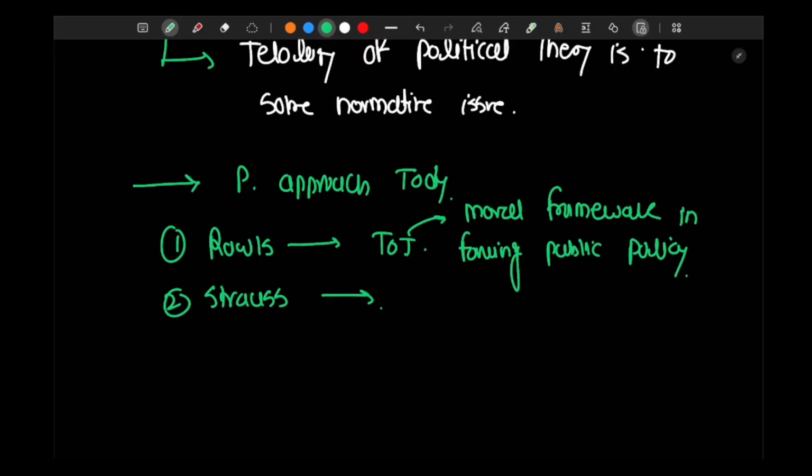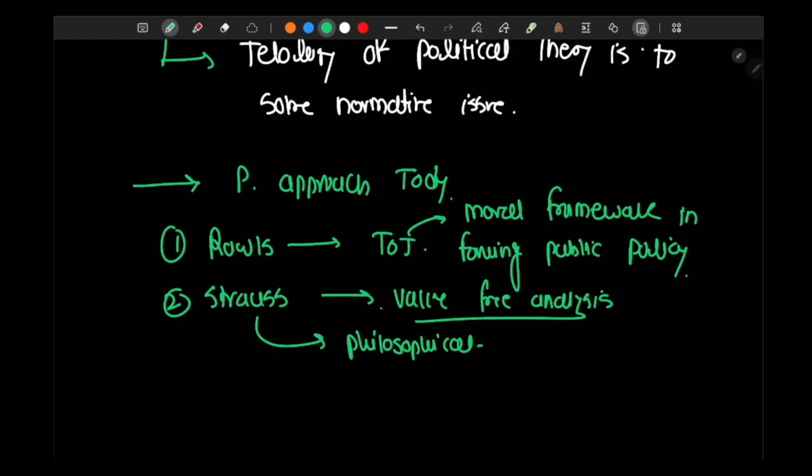Leo Strauss is critical of value free analysis. He says a theory of justice or a public policy, or within political science, you have to be very philosophical.